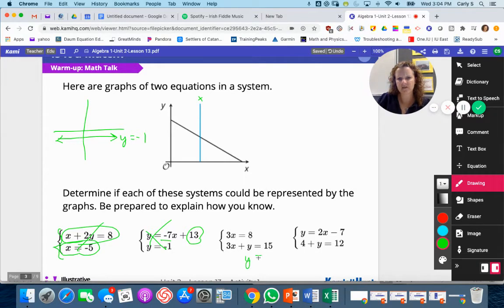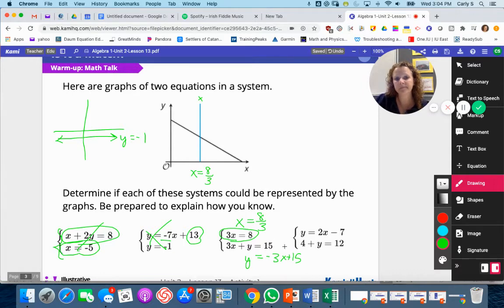If I solve for y, I'm going to have -3x plus 15. That has a negative slope, which is good. A y-intercept of 15, which is good. And here I have a vertical line at x equals 8/3. I just divided both sides by 3. That very well could be this line.